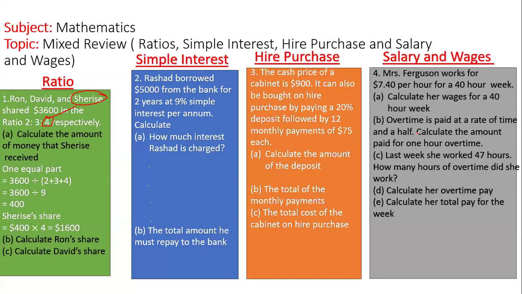Okay, 400 times 4. Why did I use 4? Because 4 is Sharice's share. Yeah, because 4 is Sharice's share. All right.